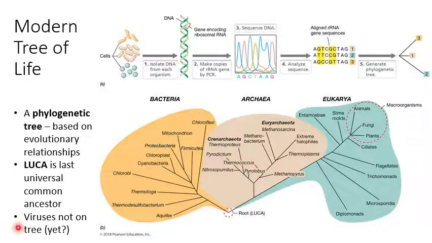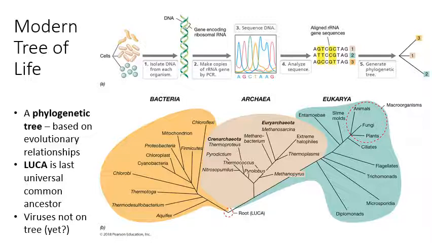Viruses are not on the tree. Will they be one day? Do not know, actually. Theoretically, it's possible to put them on the tree of life because they have DNA. They have genomes. But in actuality, it's very difficult to do that because they don't have a lot of DNA. Most viruses do not have rRNA, for instance.